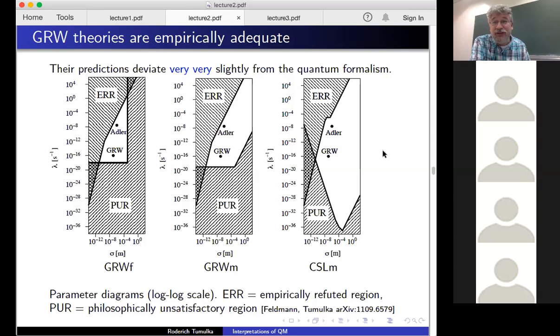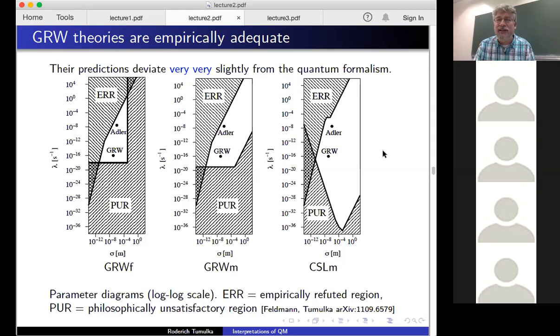One point is labeled GRW, so that's the values that GRW proposed for sigma and lambda. Another point, different values were proposed by Adler, and in fact, Adler's values have by now been excluded, at least for GRW, not for the CSL version.